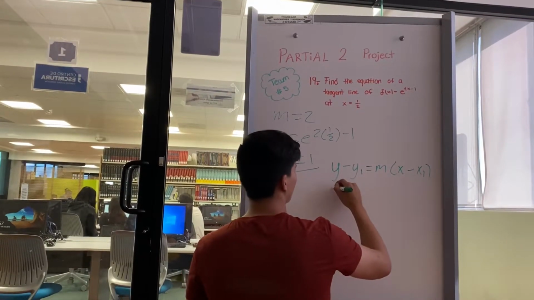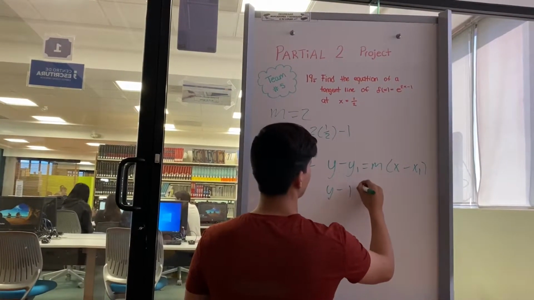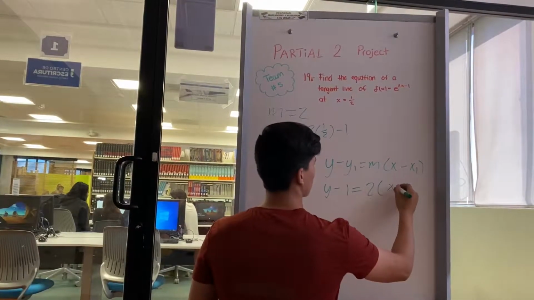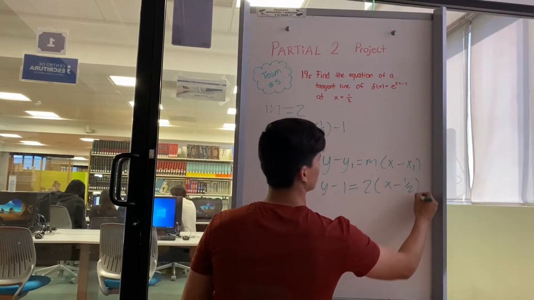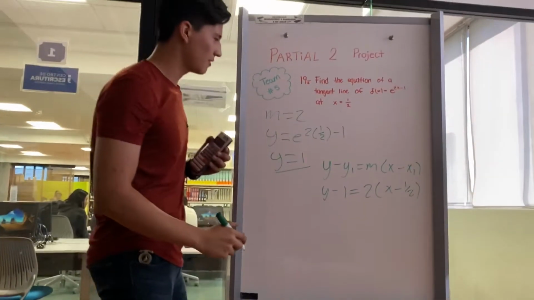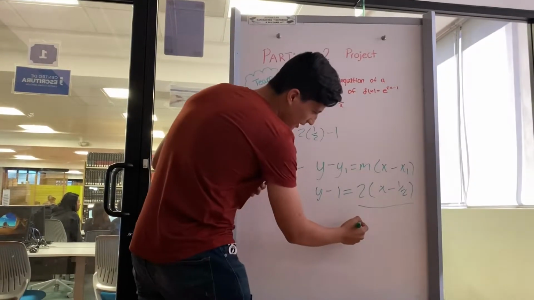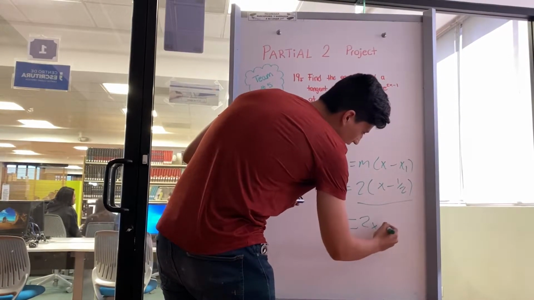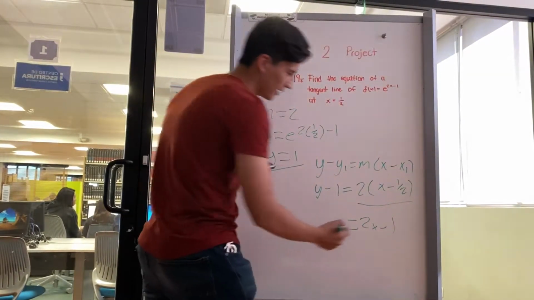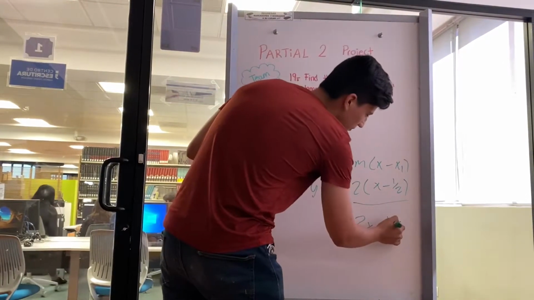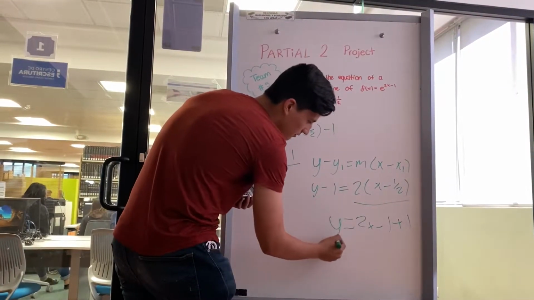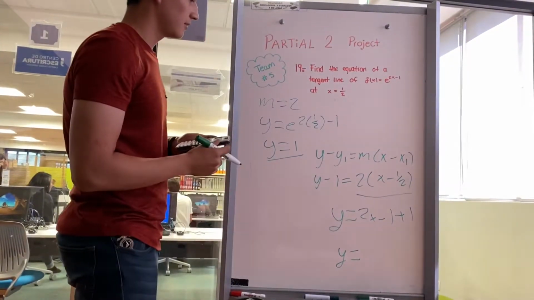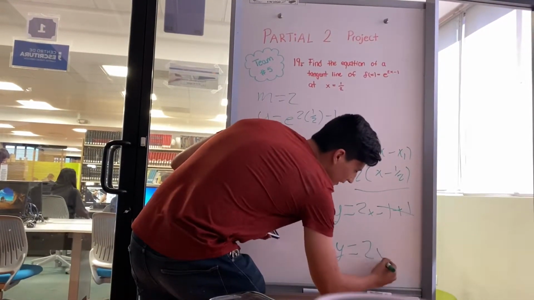So this is equal to y minus 1 equals 2 times x minus 1/2. So we multiply this one, that will be 2x minus 1, and we pass this one, that is plus 1. So we have that y is equal to 2x.